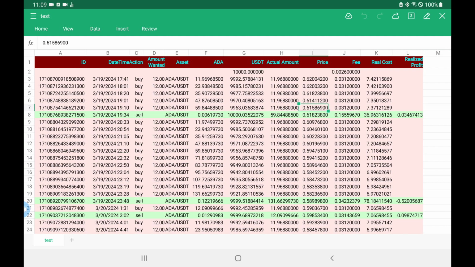We have to manually track the average. All we see on the exchange are 2 numbers, and that is strictly our wallet: how much we have in ADA and how much we have in USDT for this example.